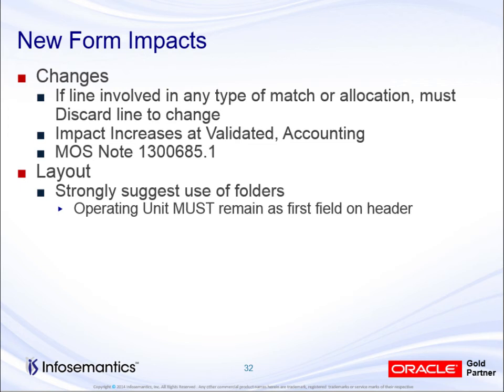Once you have matched to a purchase order, in order to make changes, you've got to discard the line and then rematch. I strongly suggest that you look at folders for both, especially for the lines and also for the headers tab. They added so many new fields to the lines form that if I'm giving this in presentation, I'll point out that it goes out to the street, and I'm only slightly exaggerating.